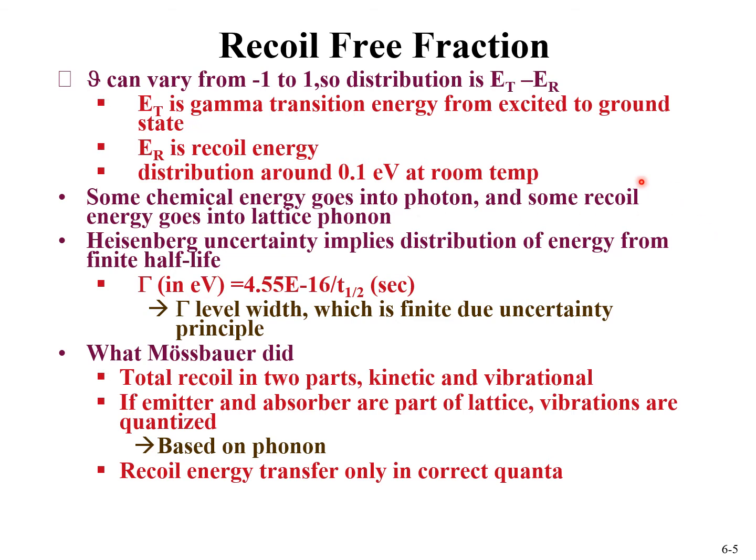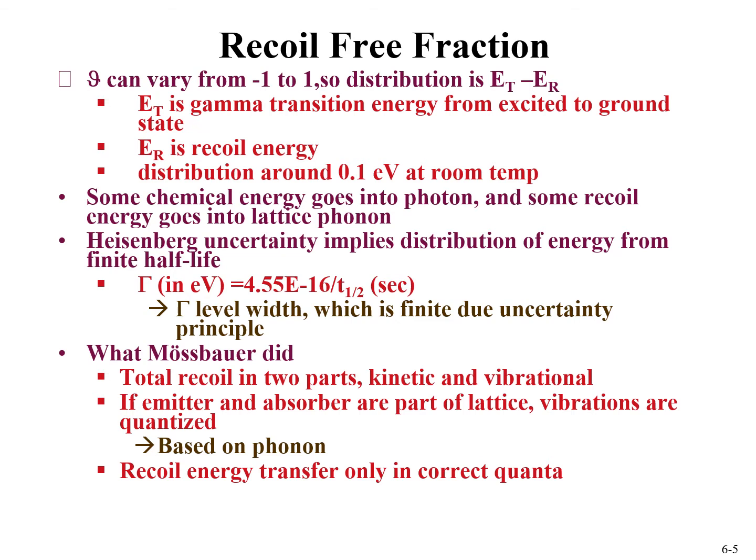Now, this is due to the fact that when this energy transition from the excited state to the ground state occurs, some of the energy will go to the photon, and some of the recoil goes into the lattice energy, or this lattice phonon energy.